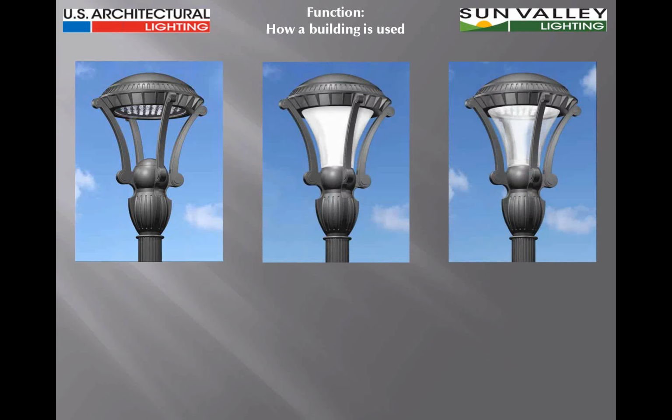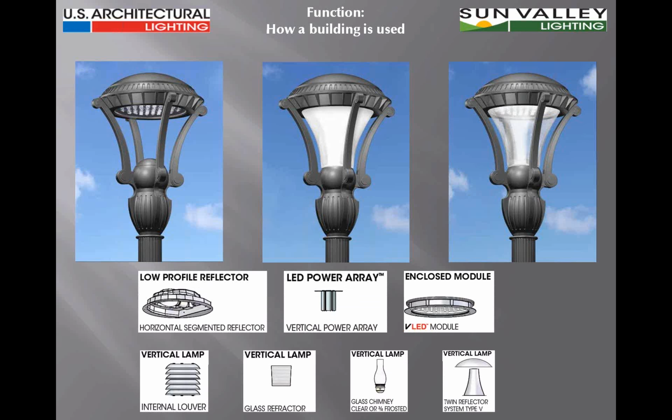In all of these elements, they change the look of the fixture slightly, but in all of these elements, we can add a huge array of optical systems. Vertical, horizontal lamp, HID systems, LED systems using both our VLED and our power array system to be able to accomplish lighting.